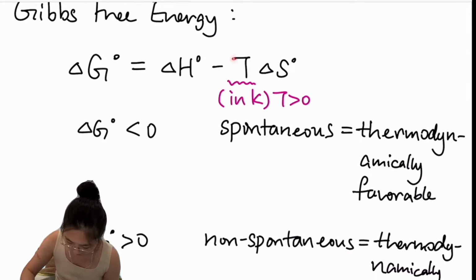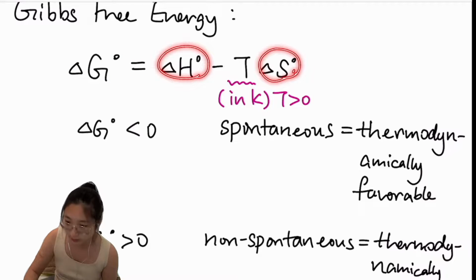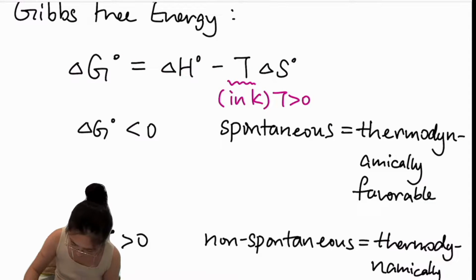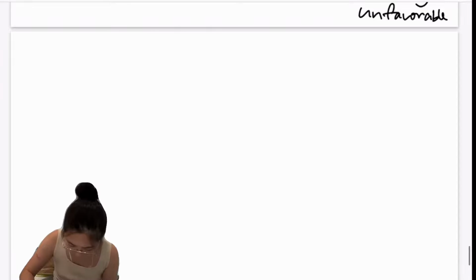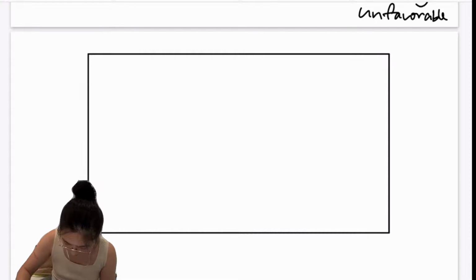Okay, so because T is a positive value, the sign of the delta G depends on the sign of these two, the delta H and delta S. So we will have four different situations.